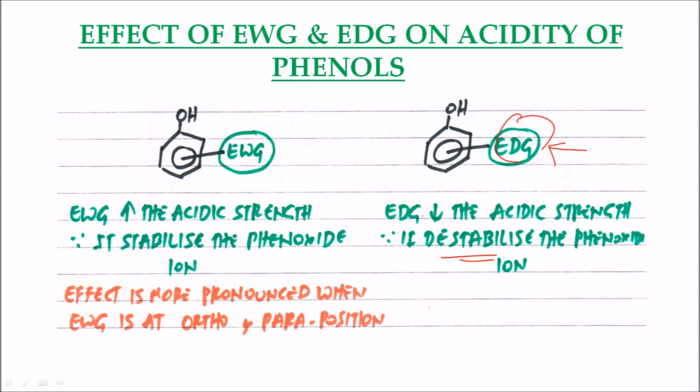If we are getting less stable phenoxide ion, there will be less ionization, or acidic strength will be less. So electron donating group decreases the acidic strength. So if you're having any electron donating group like methyl or ethyl or any other electron donating group on phenol in any position, ortho, meta or para position, that will decrease the acidic strength of phenol.